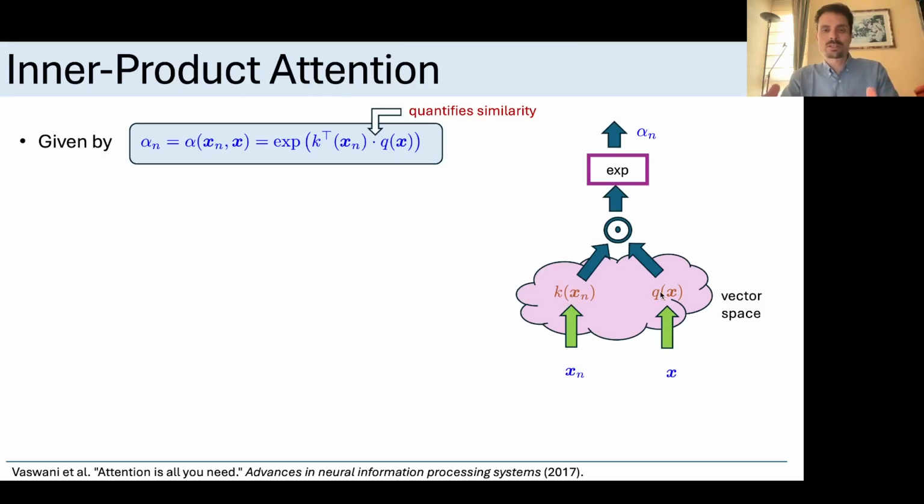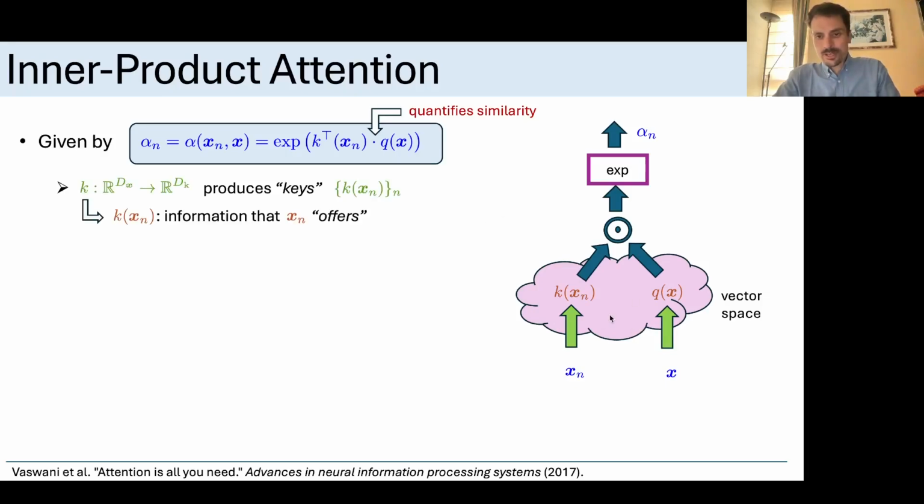Remember that the inner product is essentially a correlation. It's a decreasing function of the angle between vectors. So it is commonly used as a way of quantifying similarity. And then the exponential is taken to ensure that the weights are positive.